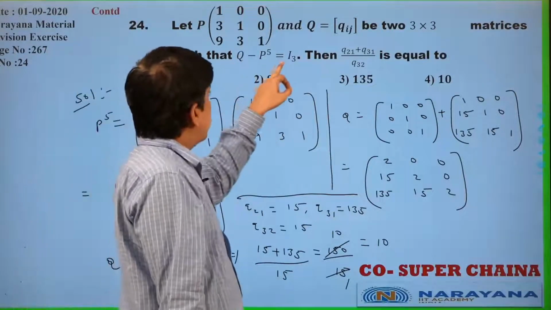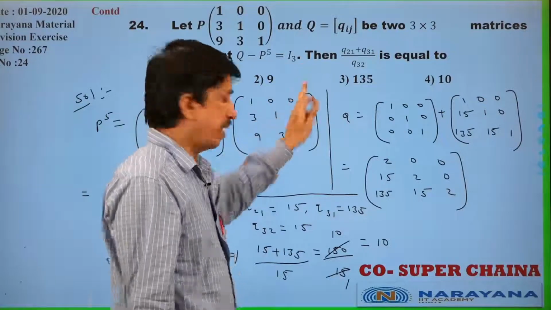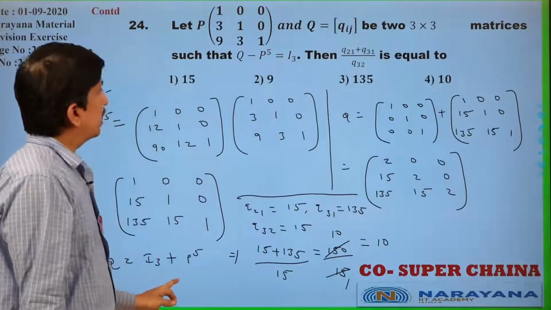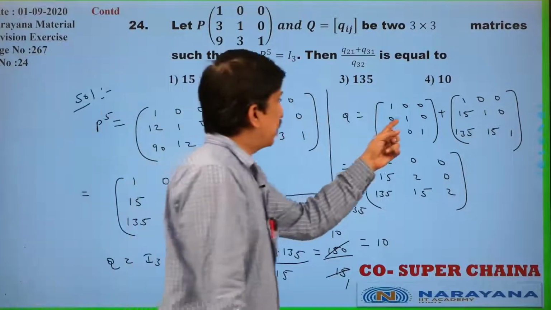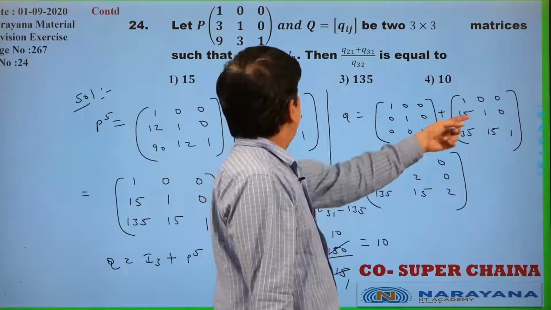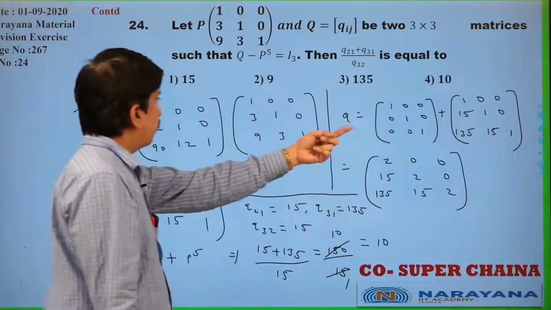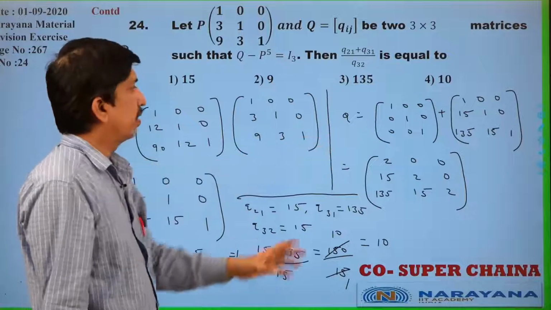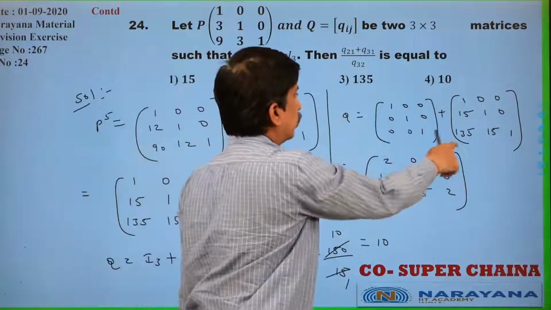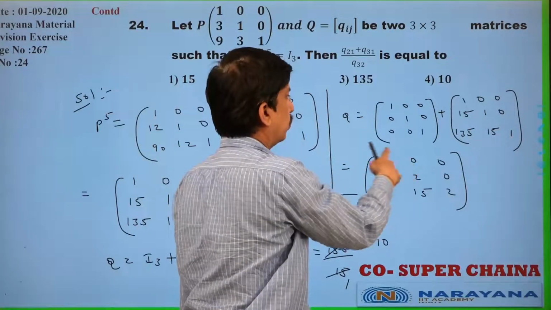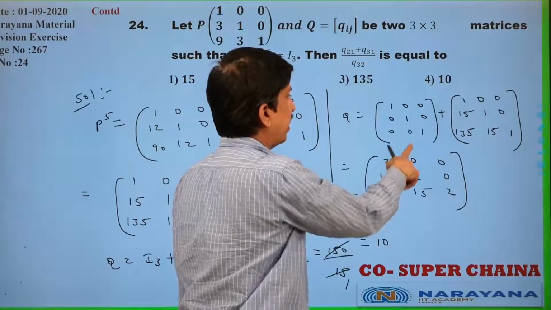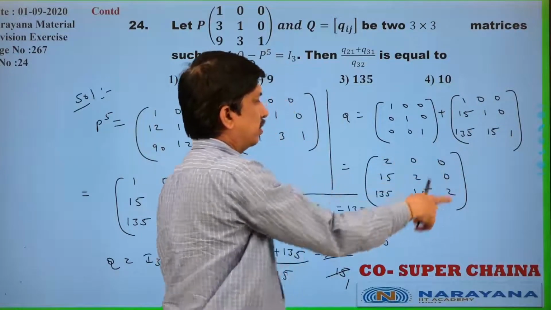Q minus P power 5 is I3 is there. Q is equal to I3 plus P power 5. I3 is 1, 0, 0, 0, 1, 0, 0, 0, 1 plus P power 5 as it is, 1, 0, 0, 15, 1, 0, 135, 15, 1. Adding these two, 2, 0, 0, 15, 2, 0, 135, 15, 2.